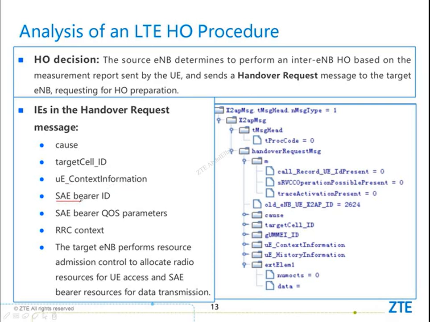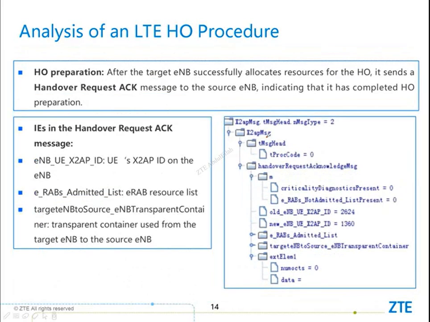And this is the SAE bearer ID. SAE means system architecture. This means the core network bearer ID, and the core network bearer QoS parameters and RRC context. Because with this message, the old eNodeB should negotiate with the new eNodeB, so it needs so many pieces of information.